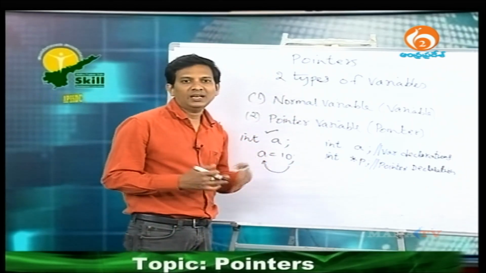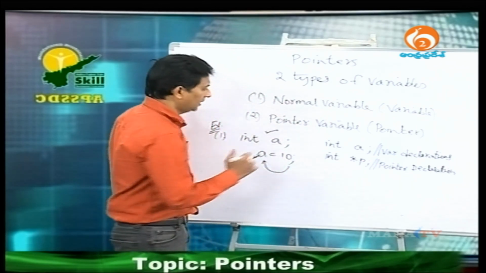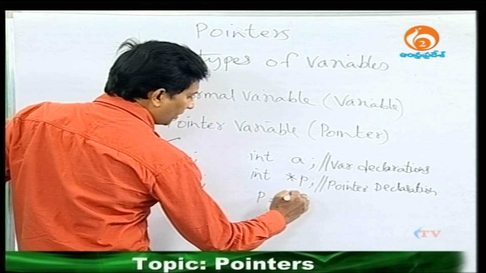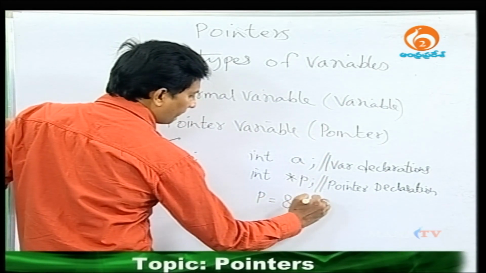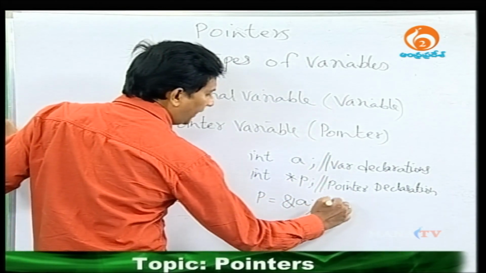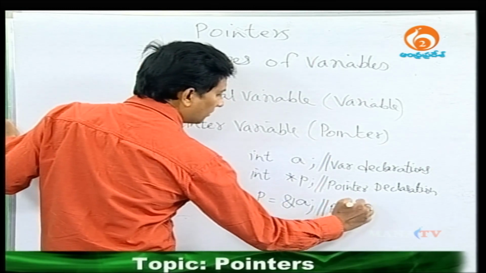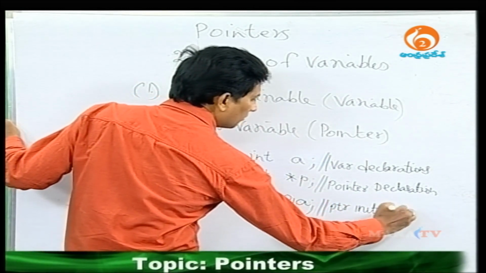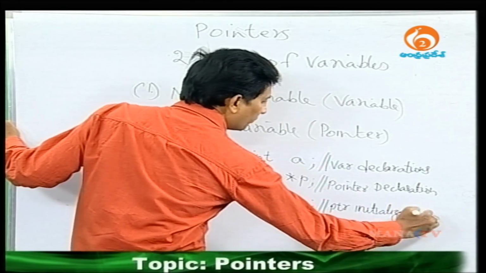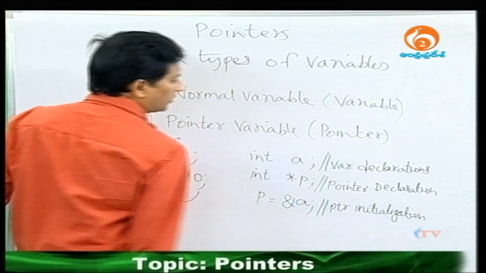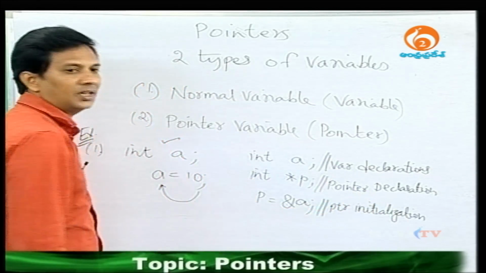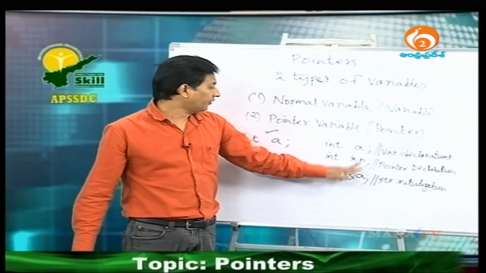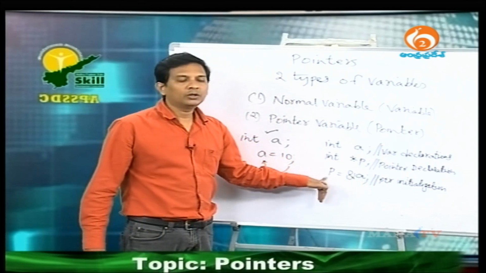But how do we initialize the pointers? Here the pointer initialization: p equal to ampersand a. This is known as pointer initialization. It means address of a is stored into p.